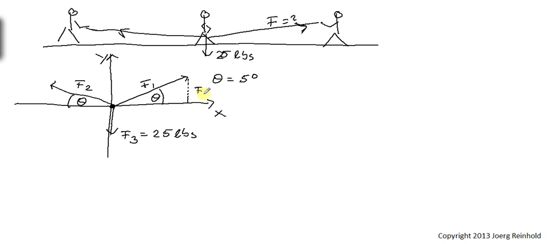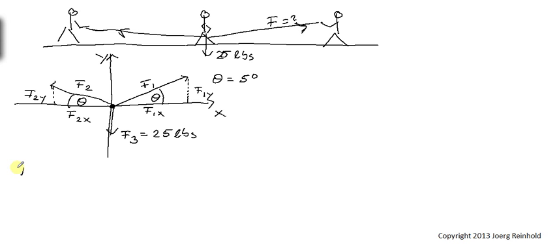This here is the y component of F1, and this here is the x component of F1. This here is the x component of F2, and this here is the y component of F2. So I can find the components of each of these two vectors F1 and F2.